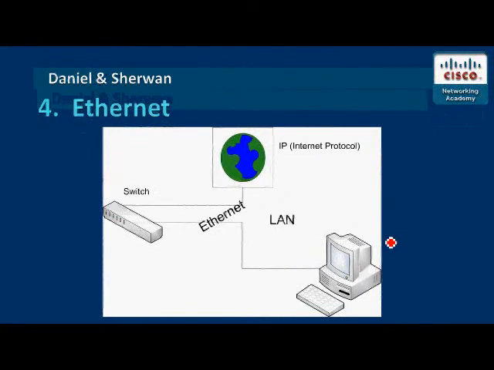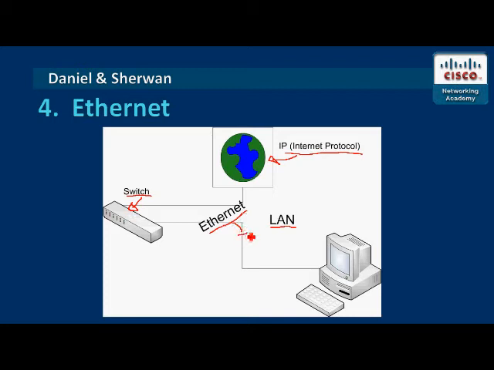Now if we have a look at this diagram over here, we see that this is a local area network diagram, or network, LAN. We have an IP, Internet Protocol. As you can see here, this is the internet, the World Wide Web. We have a switch, and this picture here is the switch. And if you have a look at this cable here, this channel, this cable is the Ethernet cable.